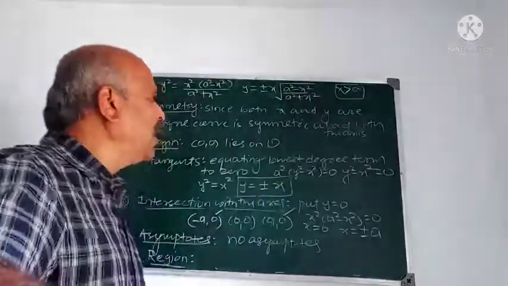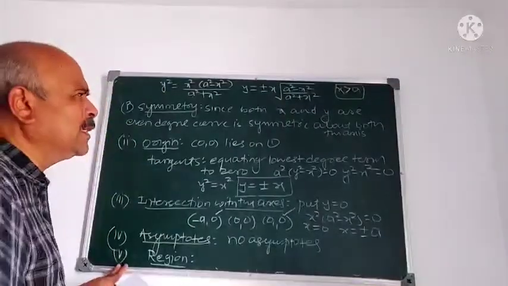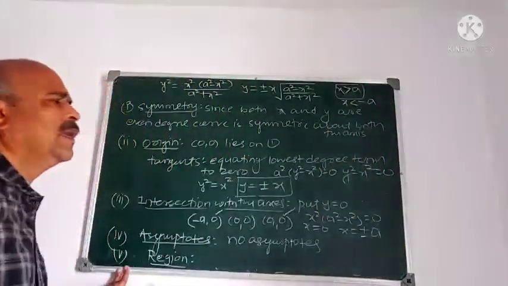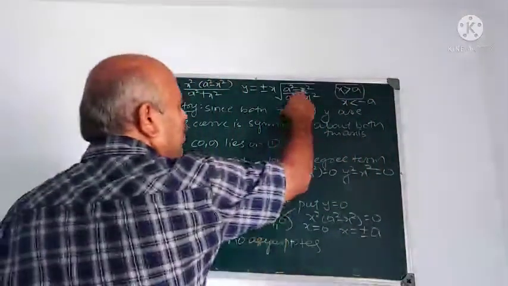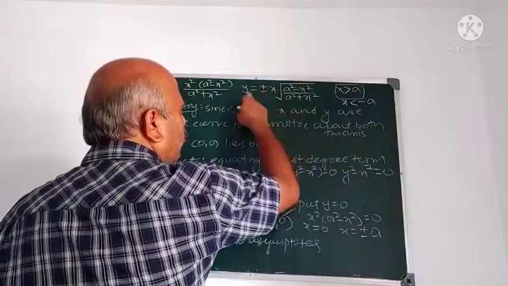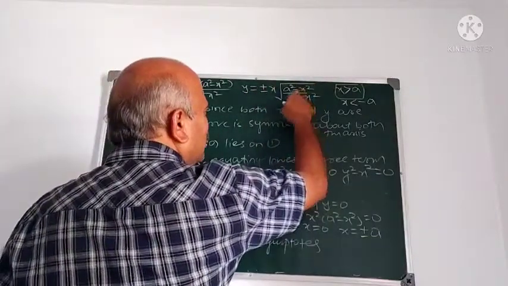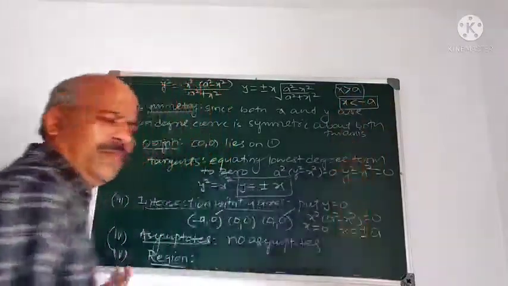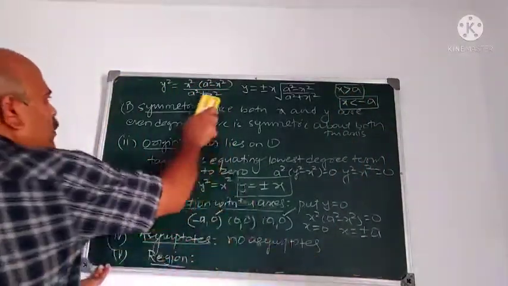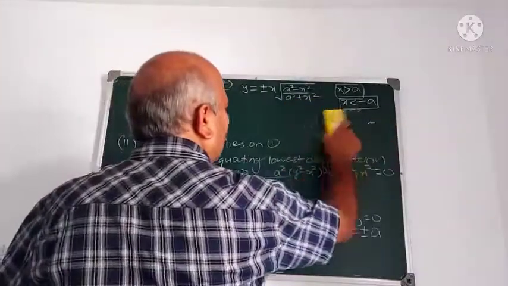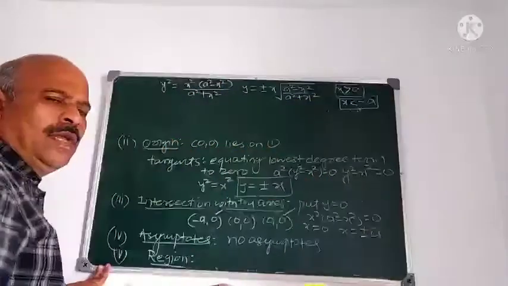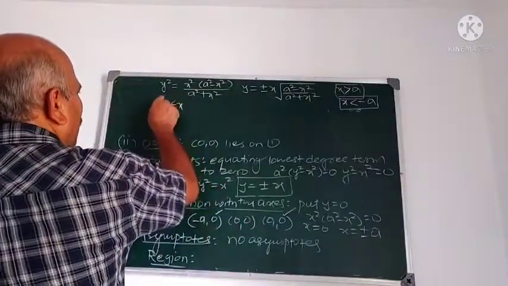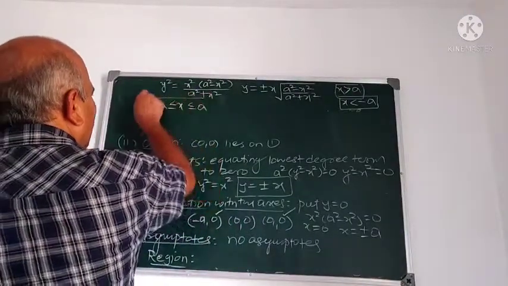And similarly, when x is less than minus a, because of this a square minus x square, y becomes imaginary. So what is the region in which the curve lies? The curve lies in the region greater than or equal to minus a, less than or equal to a only.